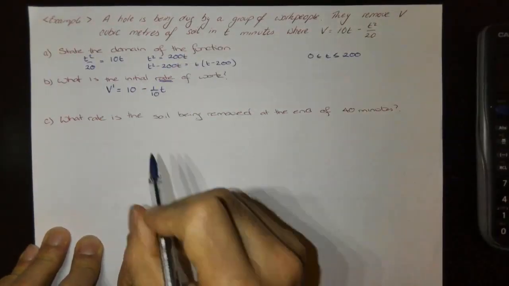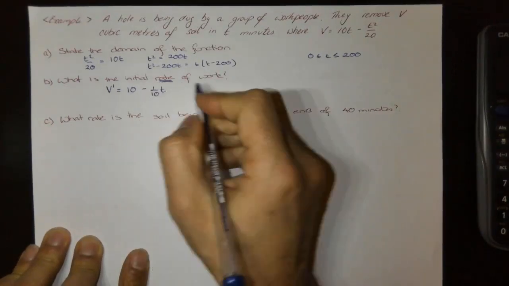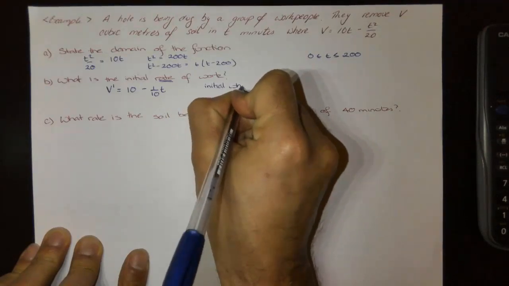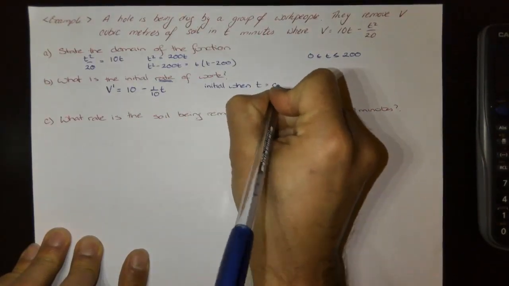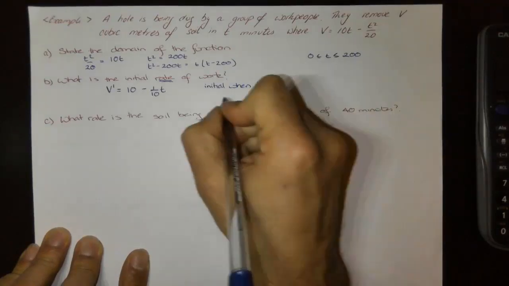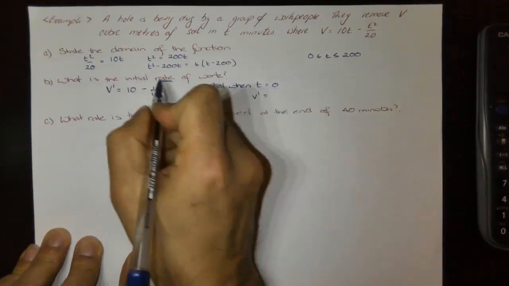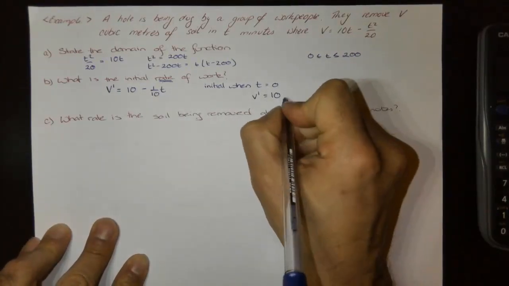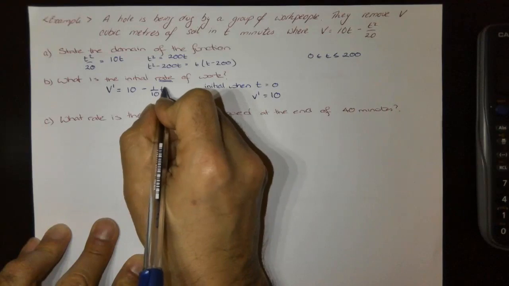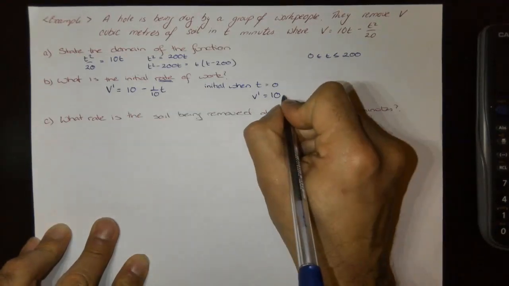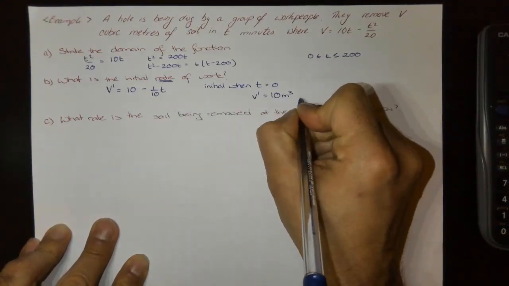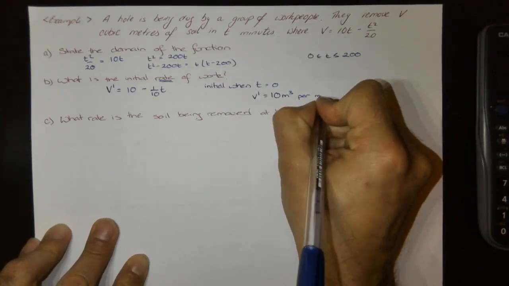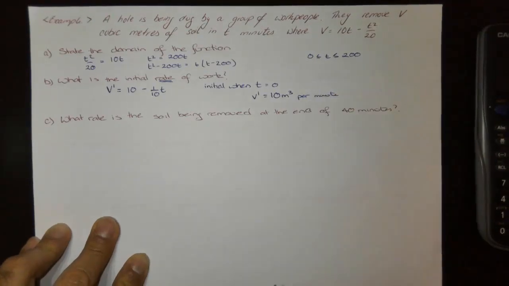Okay, so we want to figure out the initial rate. Initial means when t equals 0. If we plug this in, the rate when t equals 0 is 10, because that would be 0. So 10 cubic meters per minute. That's the rate they will be working at.